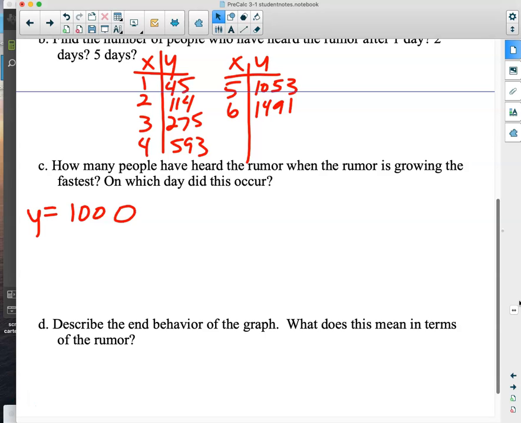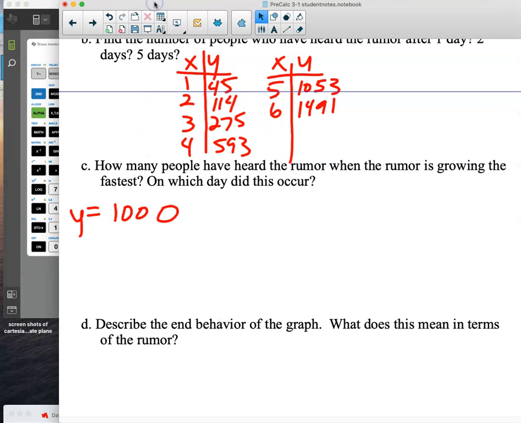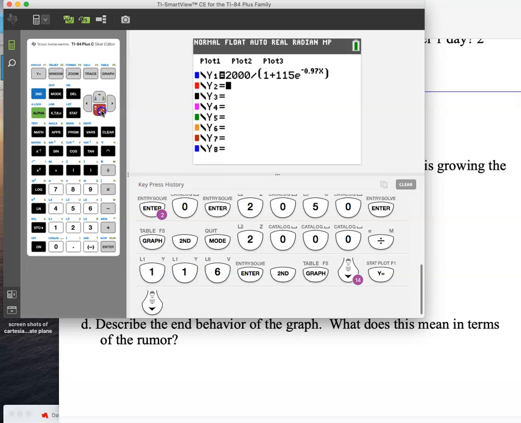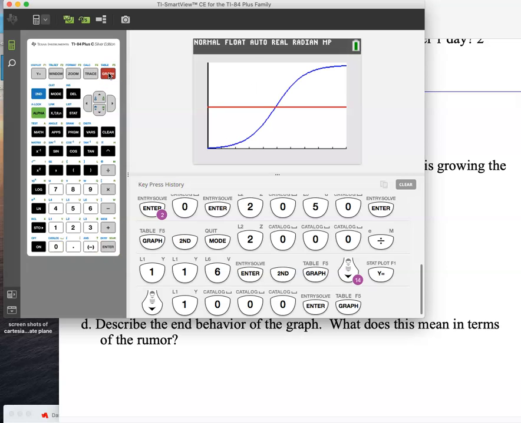Now, since I already have this in my graphing calculator, this would go a lot faster just by using the graphing calculator to figure out where that y value is 1,000. So I can go back up into y equals, and I can make y sub 2 equal to 1,000. And I can see very clearly that this is going to be my inflection point right here.